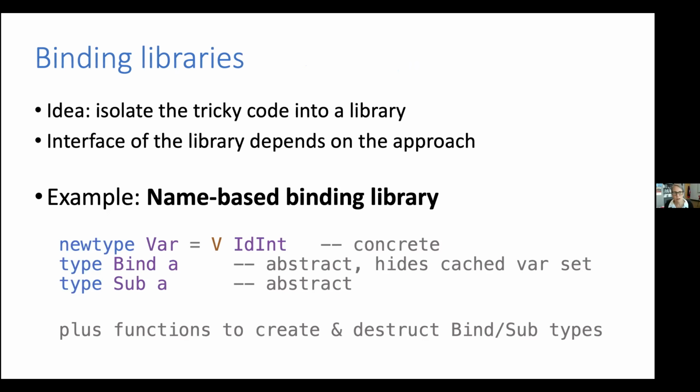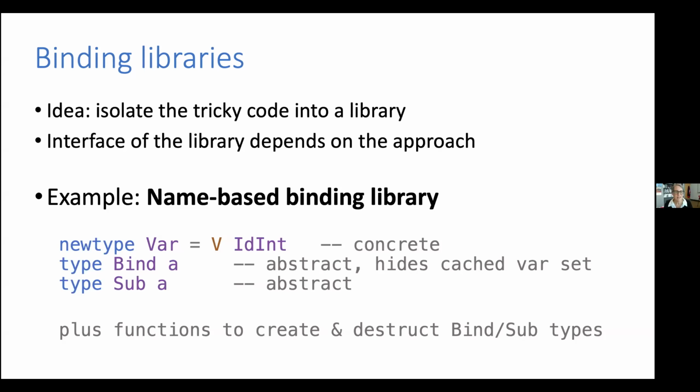So what we want is this idea of a binding library, a library that is there to help us implement capture avoiding substitution, to give us a definition of variables and binders and help us create a definition of substitution, so that we really just have to talk about how to do a traversal of our term, and the binding library does everything else, does all the optimizations itself.